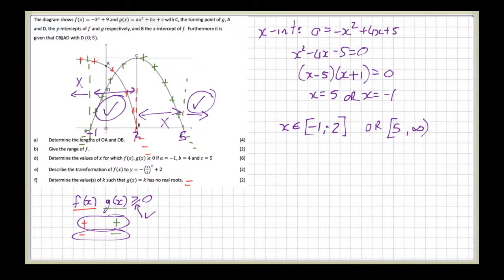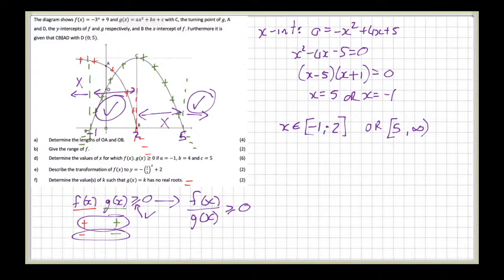What if I change this one here and I say f(x) divided by g(x) greater or equal to 0? And now my grade 11 students freak out. So now divide. Please just relax. How do I get something divided by something else to be a positive answer?